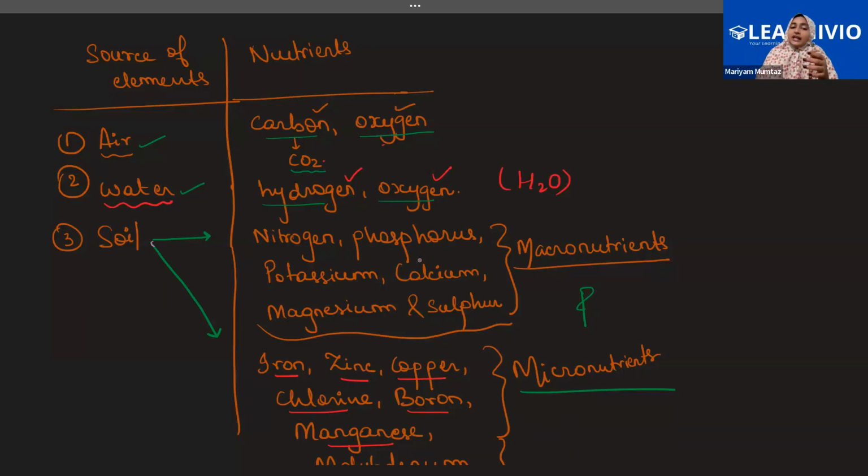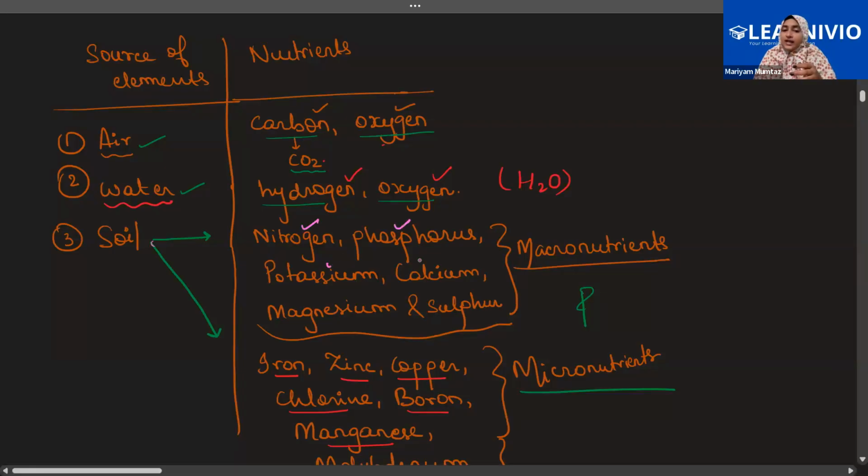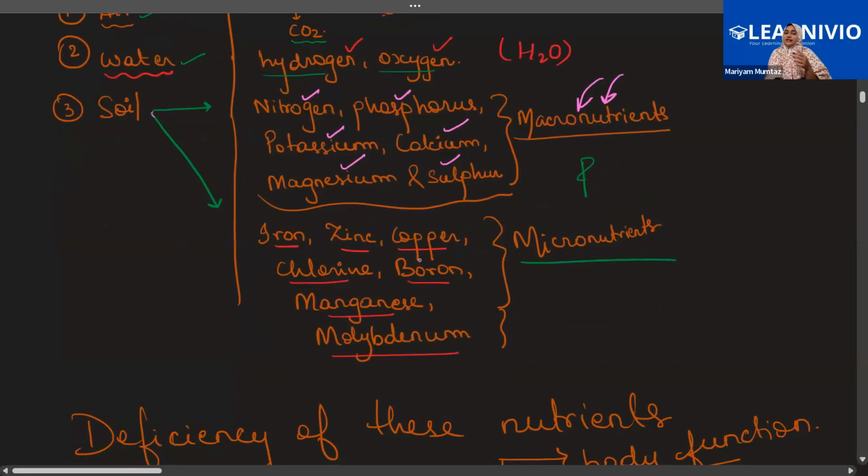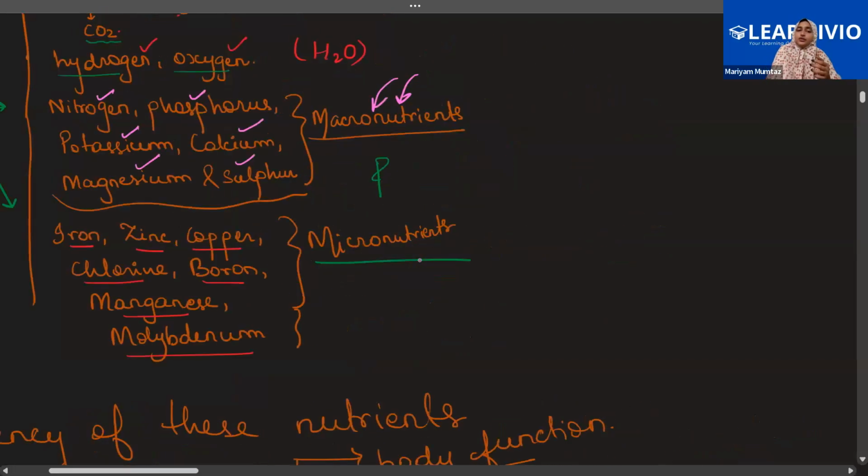So the soil contains nitrogen, phosphorus, potassium, calcium, magnesium, and sulfur. All of these are collectively known as macronutrients. Macro means they are needed in a very huge amount.